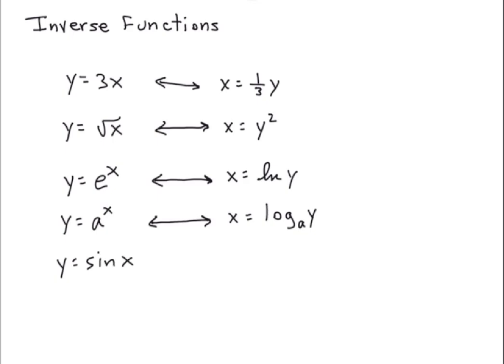If y equals sine x, then x equals sine inverse of y. So we have the identity that y equals e to the x is equivalent to x equals natural log of y.